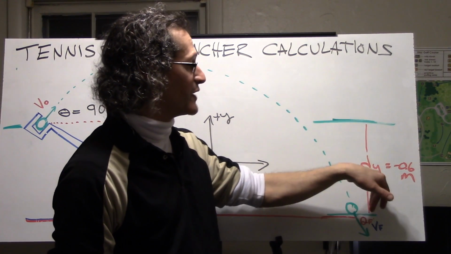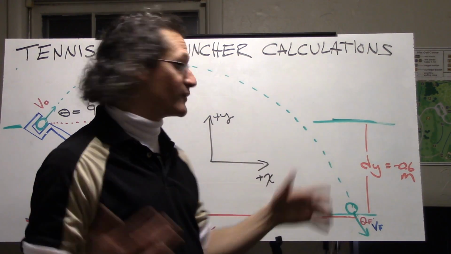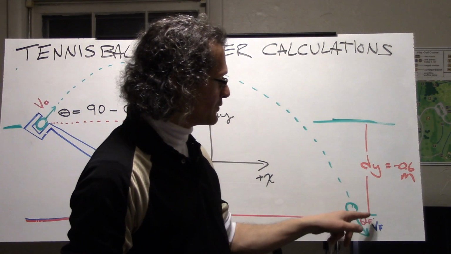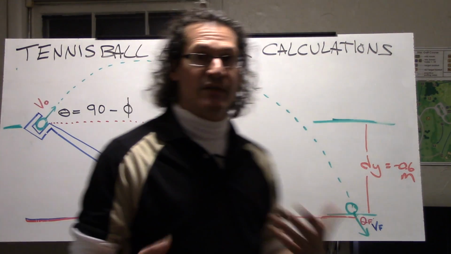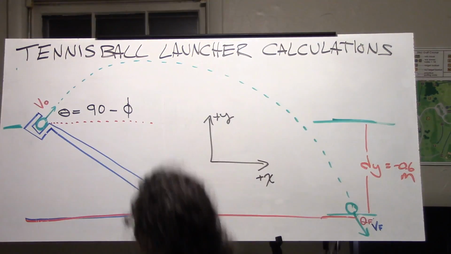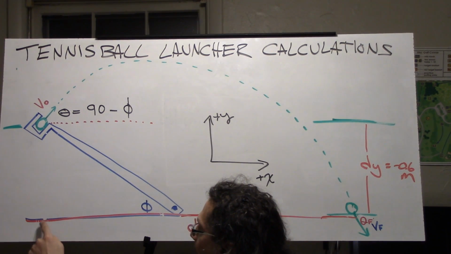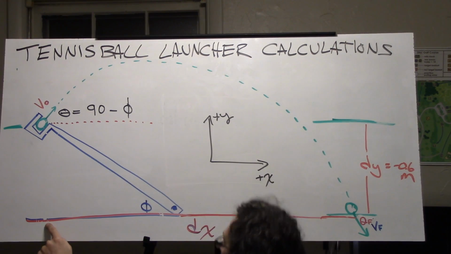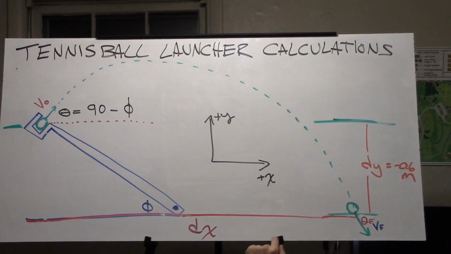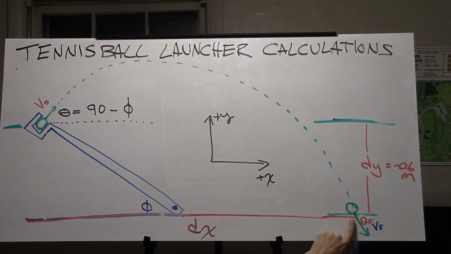So your dy is actually a negative number relative to your origin, negative 0.6 meters right over here. The dx is the range. If I drop a vertical down from the tennis ball and then stretch it across the floor, dx will be the range horizontally at the point it hits the floor, right over here.